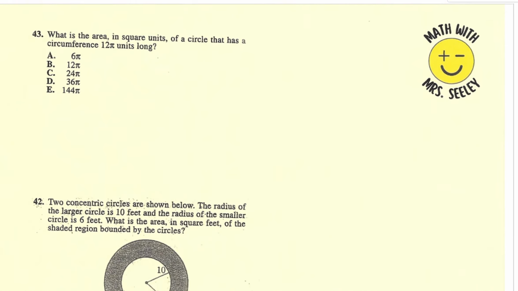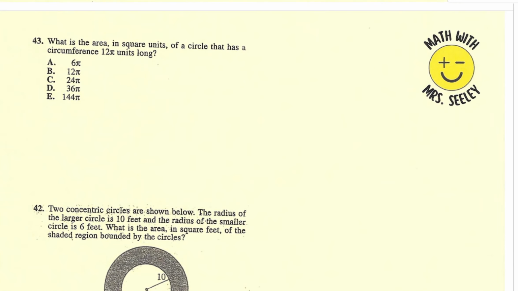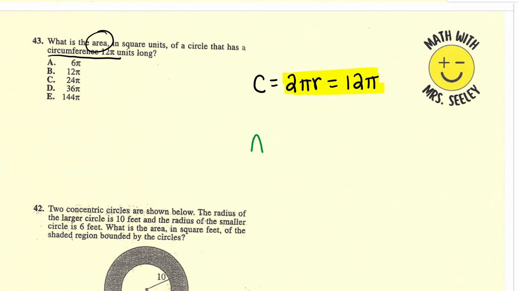All right, let's take a look at number 43. What is the area? So they're asking for the area of a circle that has a circumference of 12 pi. So the circumference, which is 2 pi r, they're telling me that is 12 pi. So if I want area, which is what we want, and that's pi r squared, I'm going to need to find the r value.